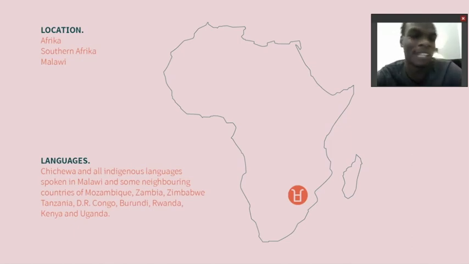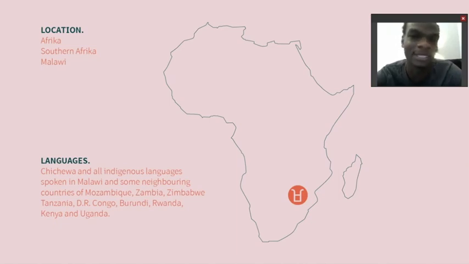It's used to write the indigenous languages of Malawi, which include Chichewa, the main spoken one in Malawi, and all the other indigenous languages in Southern Africa. It's capable of writing all of those.